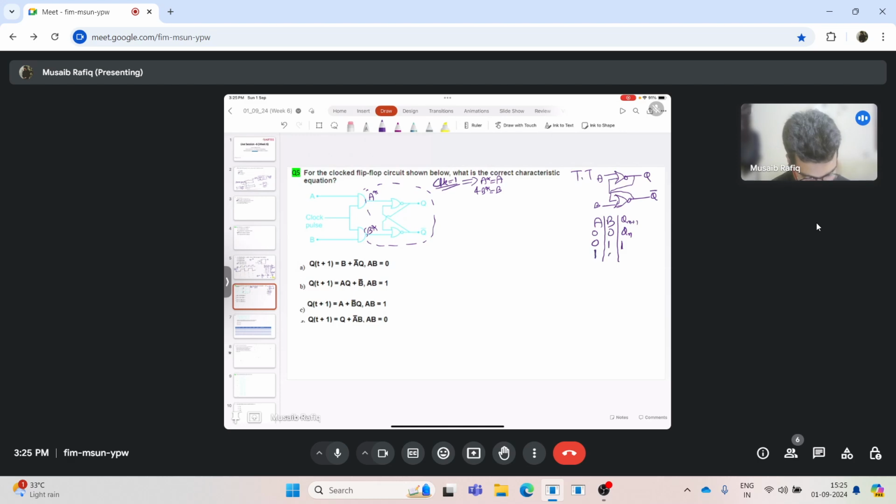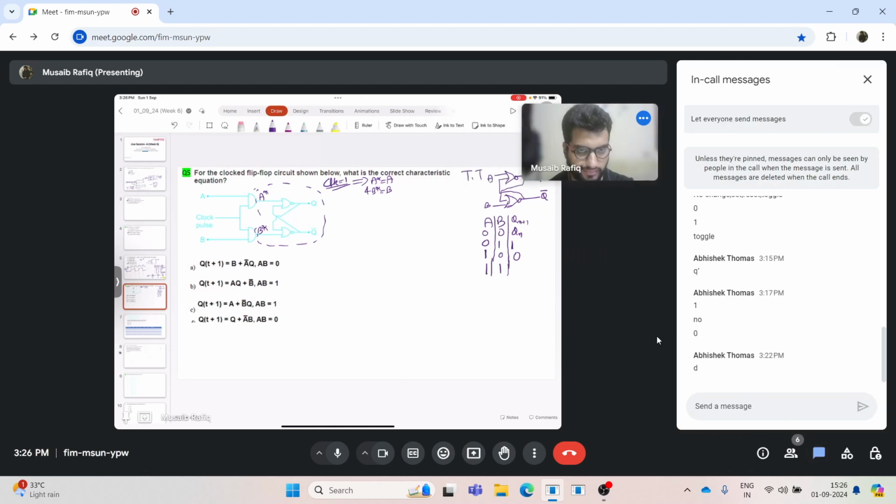Now for 1 0, the output will be 0, and for A equal to B equal to 1 1, can anyone tell me what will be my output for A equal to 1 and B equal to 1? Invalid.